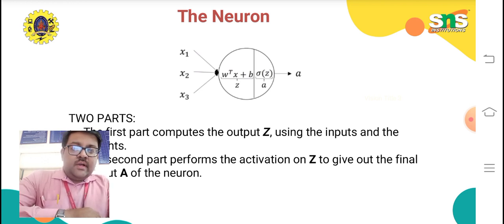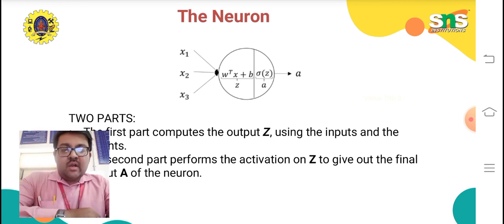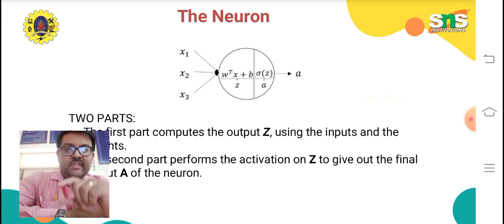And then after that, Z is not the output, but the output is got from applying a particular function on Z. So here it is represented as sigma of Z. Sigma of Z means sigma is some function applied on Z. In perceptron we applied a thresholding function.